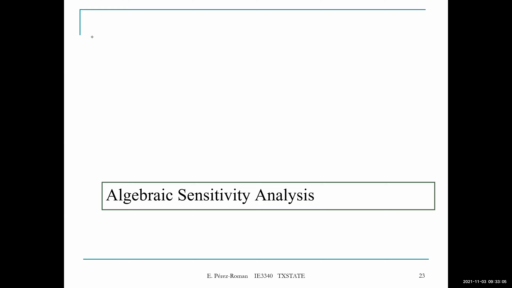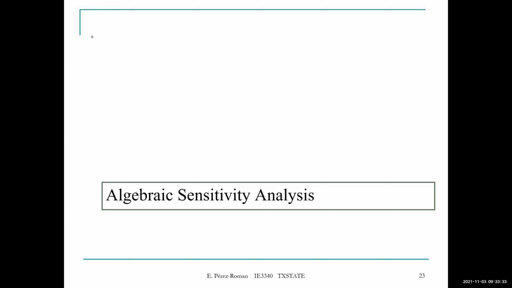So in our previous lecture, we started the discussion on sensitivity analysis from a graphical perspective, using a problem with two decision variables, so we can illustrate how the feasible region will change as we make changes to some of the coefficients in the linear programming model.